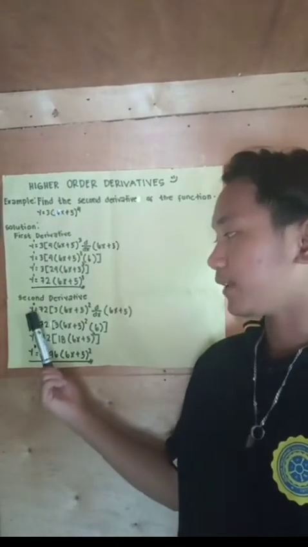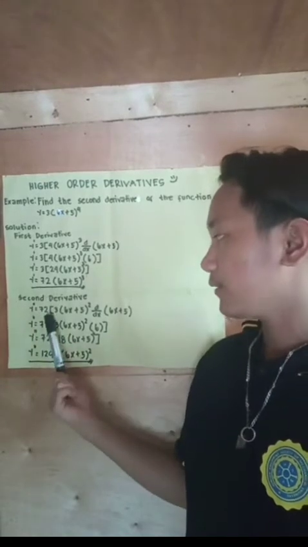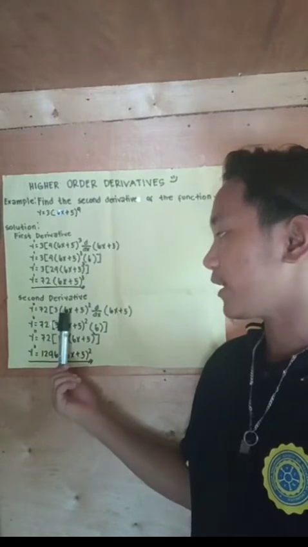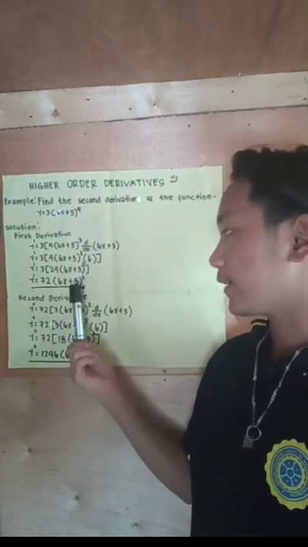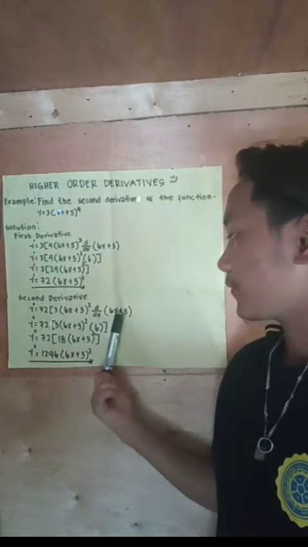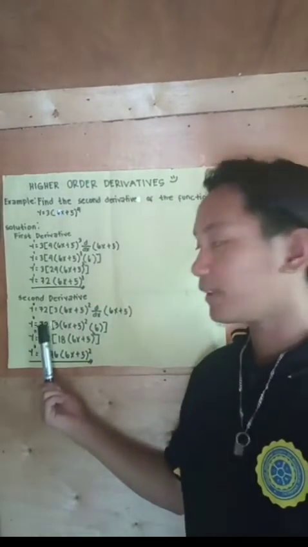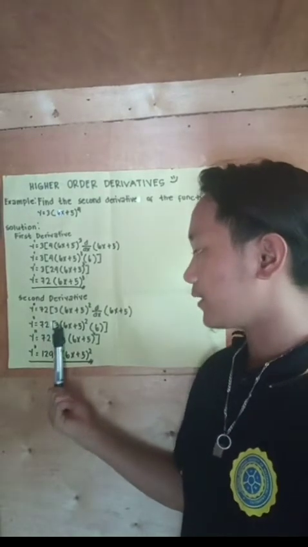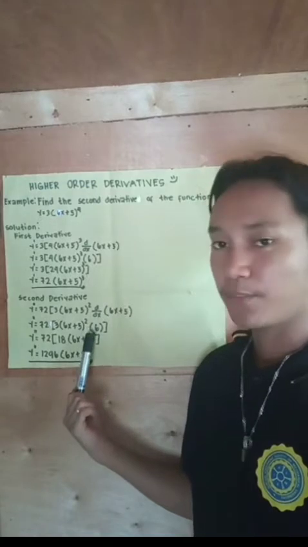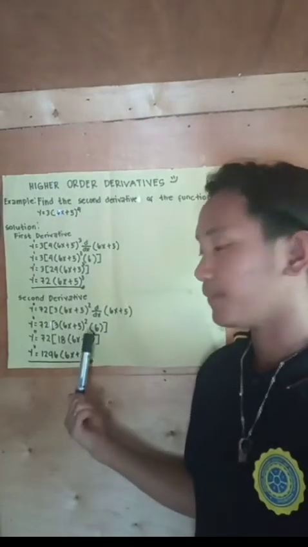So second derivative equals 72 times 3 because our exponent is 3 ginaog times the quantity of 6x plus 5 squared kay 3 minus 1 is 2, d over dx derivative of 6x plus 5. So second derivative equals 72 times 3 times the quantity of 6x plus 5 squared times 6 because 6x plus 5 the derivative is 6.